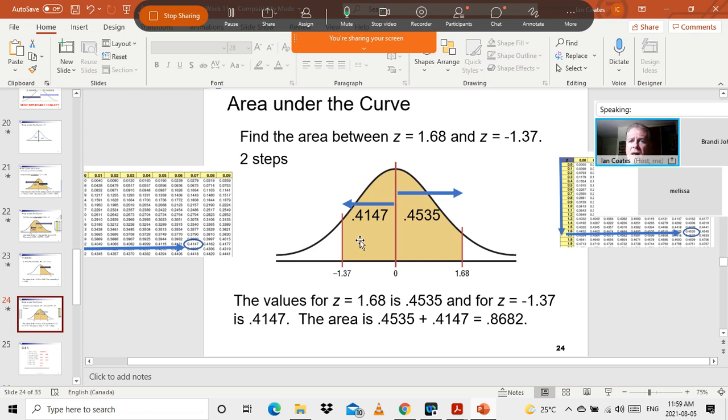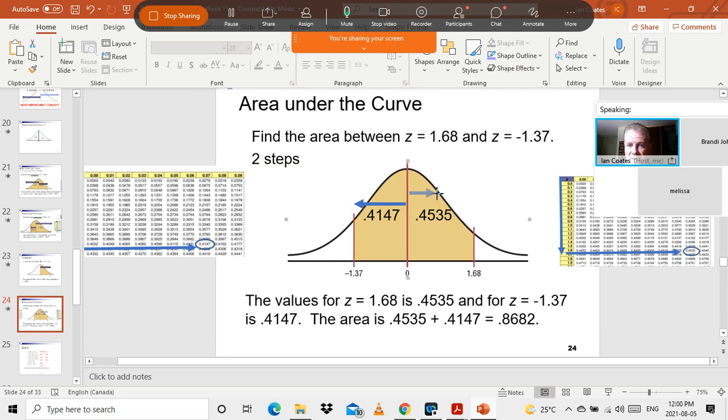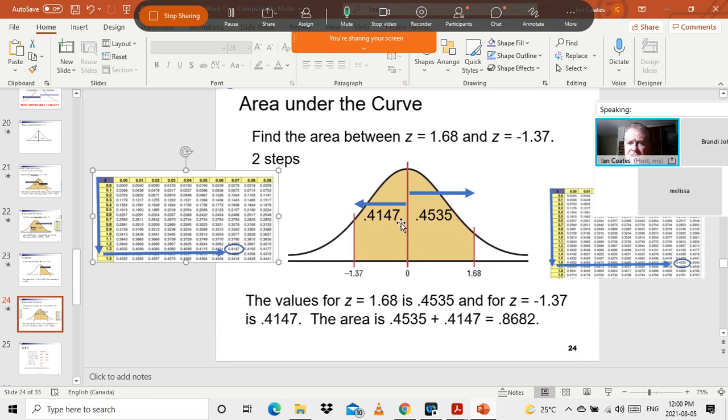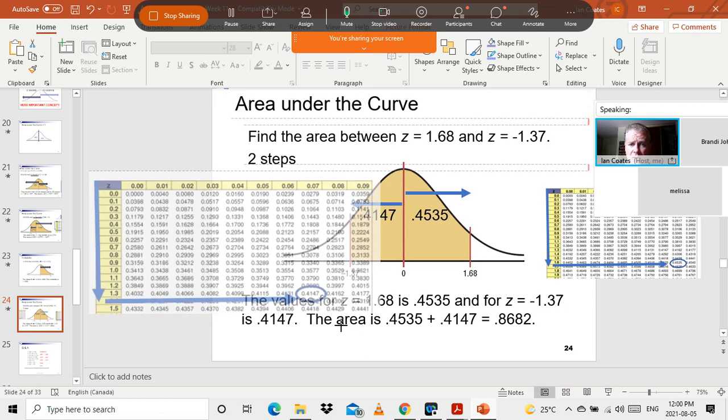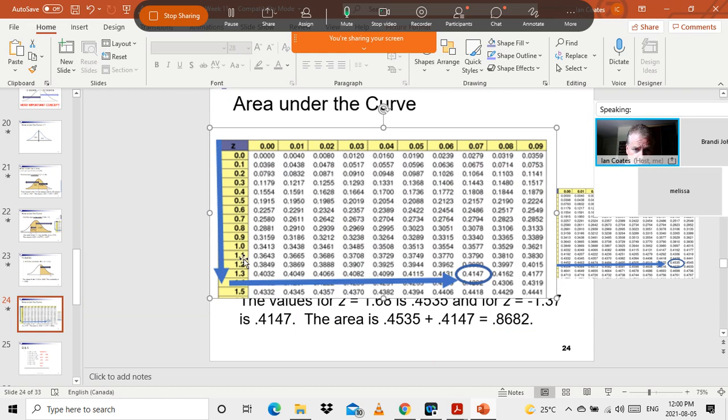You remember that the z-table measures from the mean out. So you'll see here I have two z-table analyses because you'll need to measure from here to here, and then from here to here, and you'll add these both together. For negative 1.37, you just do the positive. So 1.1, 1.2, 1.3, 1.37.